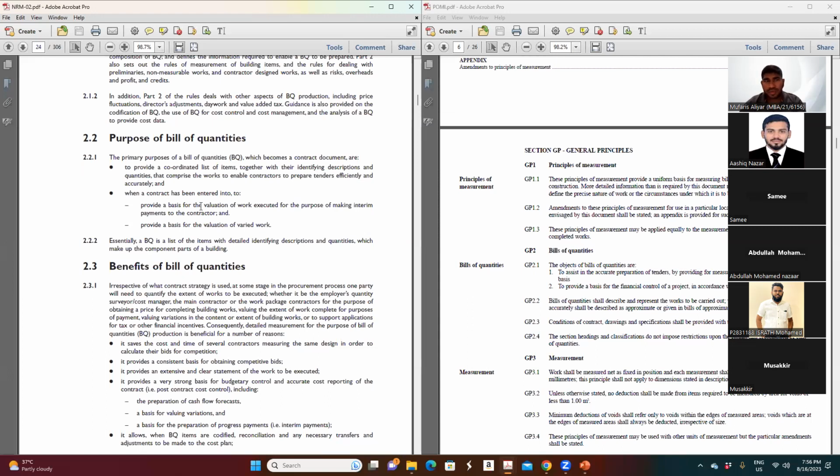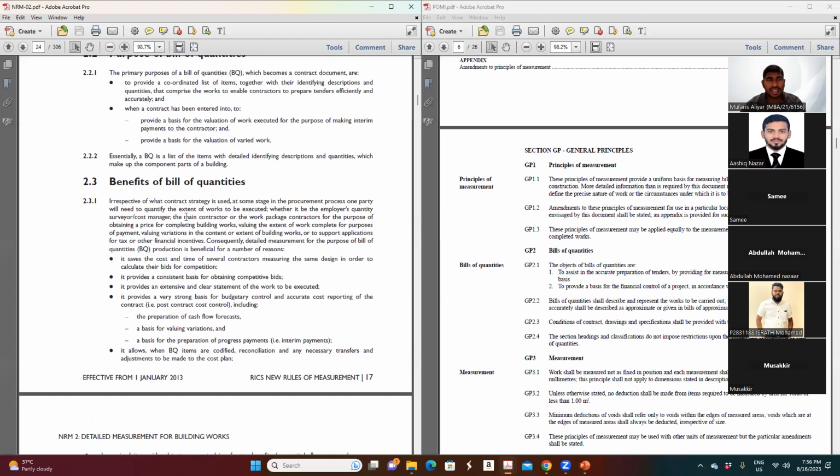It's kind of gathering the scope in one place. Then when the contract has been entered into, it provides the basis of the valuation. They are talking about once we sign the contract. So this BOQ is used for valuation purposes. So it gives what is the purpose of the bill of quantities. It's very important. You have to read and understand.